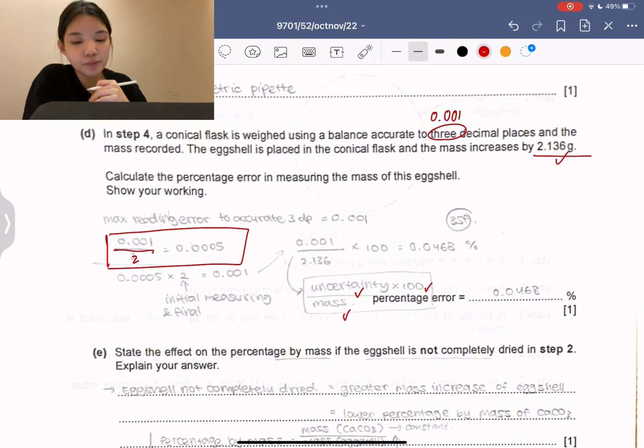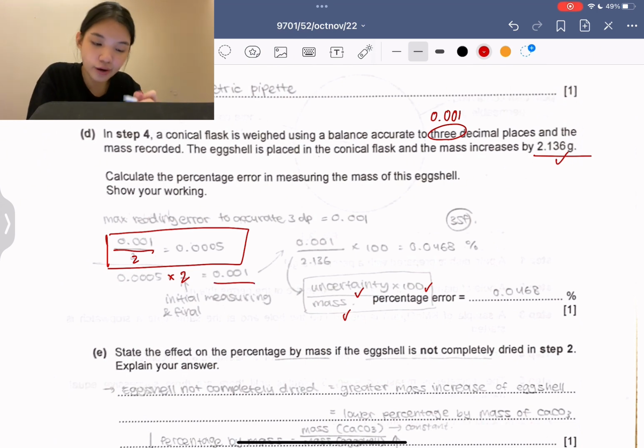For every measurement, it's 0.001 divided by 2, which becomes 0.0005. And because you're measuring twice, once with the conical flask and another with the conical flask plus eggshell mass, you need to multiply this 0.0005 by 2, to get again 0.001.